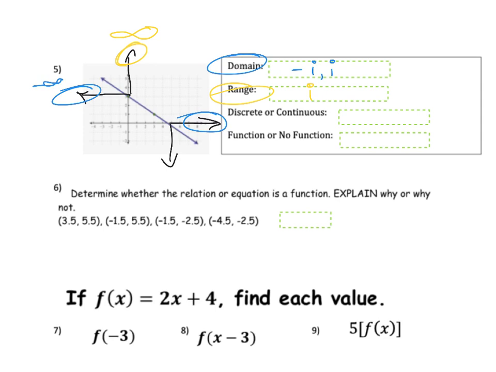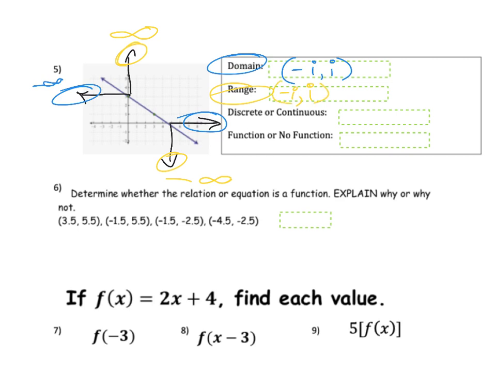So I'm going to finish out that domain, and we know we put parentheses around infinity. We don't ever do the hard bracket. And then because of the range, this arrow tells us it's going down forever and ever, so that is going to be a negative infinity. So we should have a negative infinity and a positive infinity for the range as well.